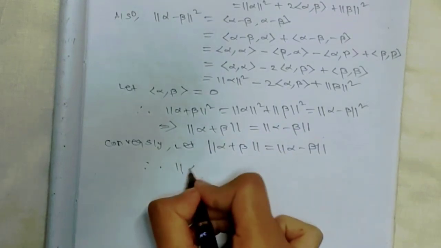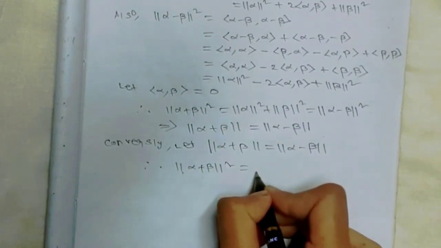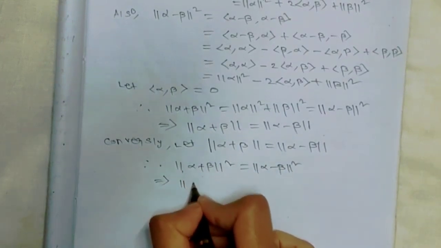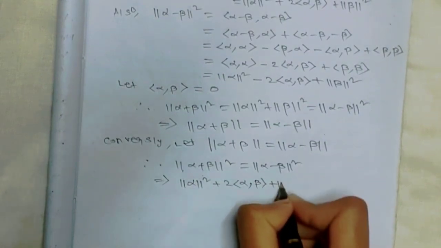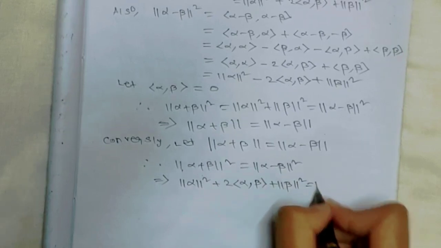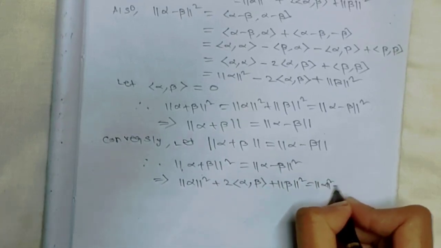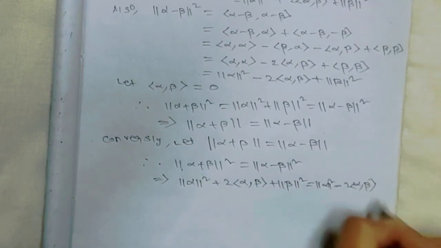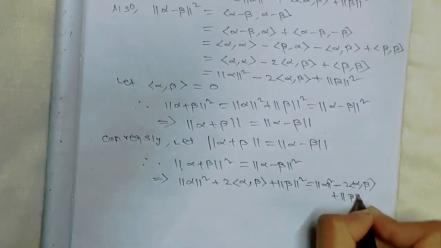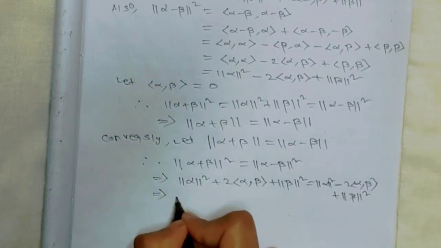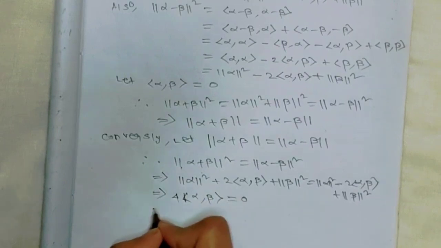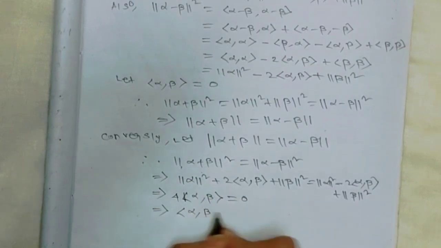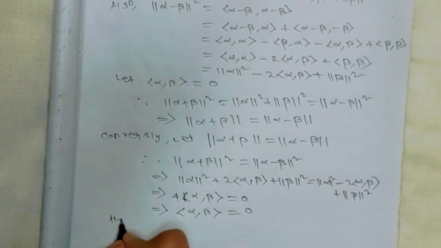Therefore norm alpha plus beta squared equals norm alpha minus beta squared. That implies norm alpha squared plus 2 times the inner product of alpha, beta plus norm beta squared equals norm alpha squared minus 2 times the inner product of alpha, beta plus norm beta squared. That implies 4 times the inner product of alpha, beta equals 0. That implies the inner product of alpha, beta equals 0. Hence proved.